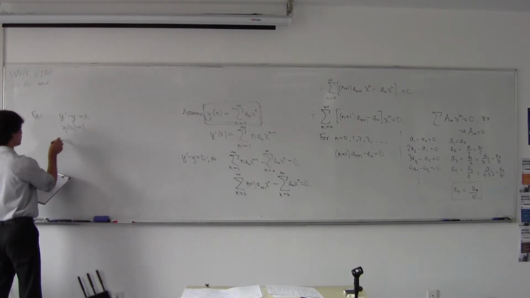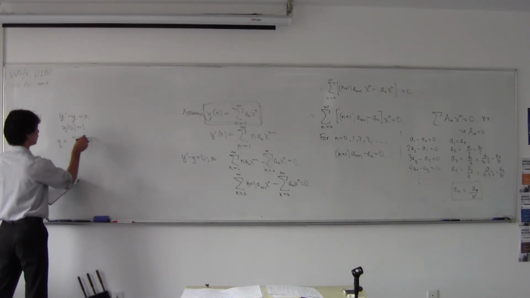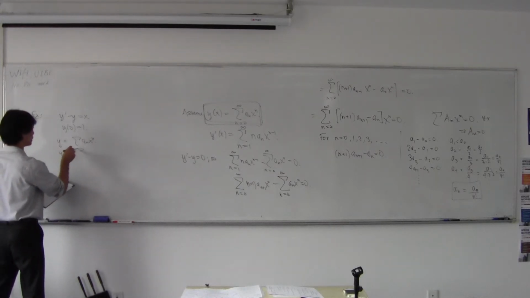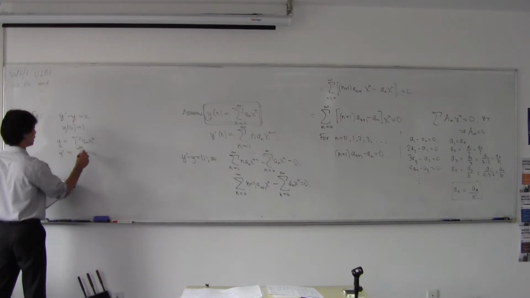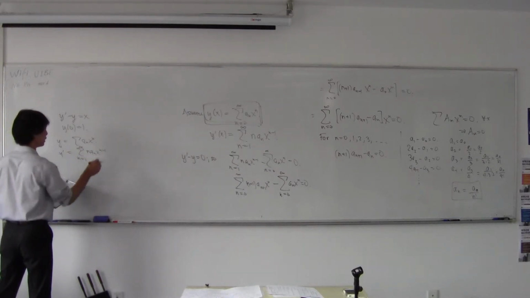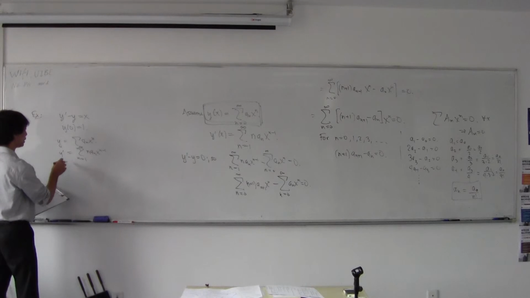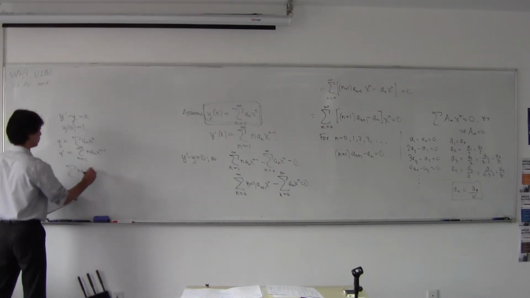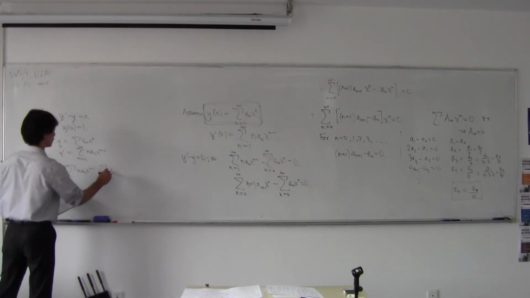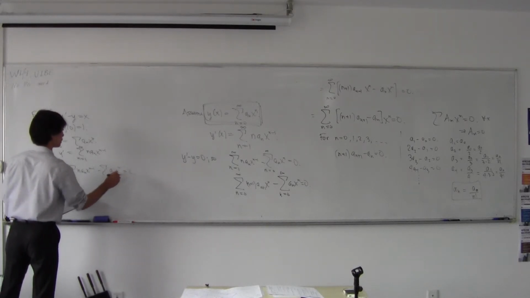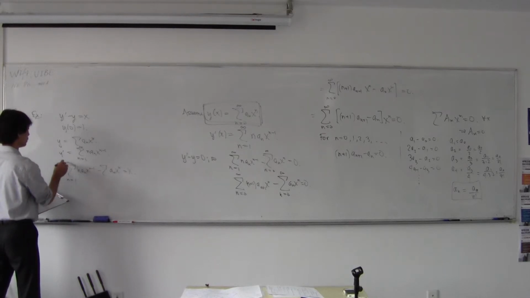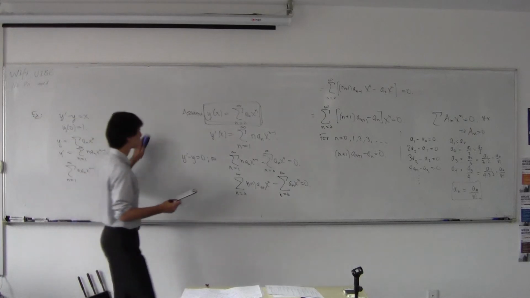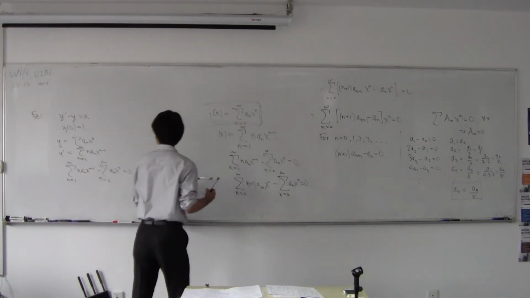Okay. So again, what you do is you say, well, let's suppose that it's a power series, right? And again, y prime is going to be the summation from 1 to infinity of n a sub n x to the n minus 1. So then you subtract them, and you say y prime minus y equals x, right? This one is from 1 to infinity, this is from 0 to infinity. You do the same thing, right?